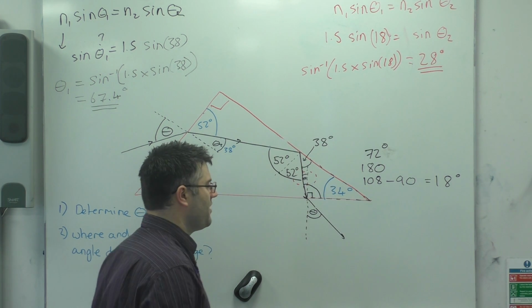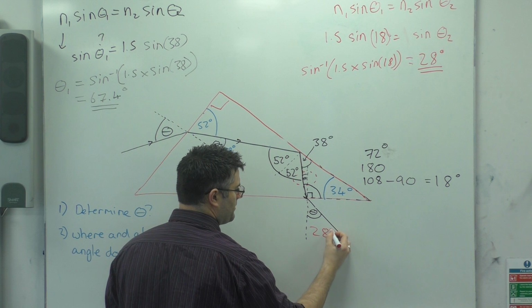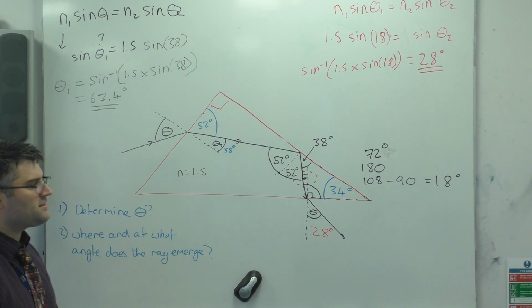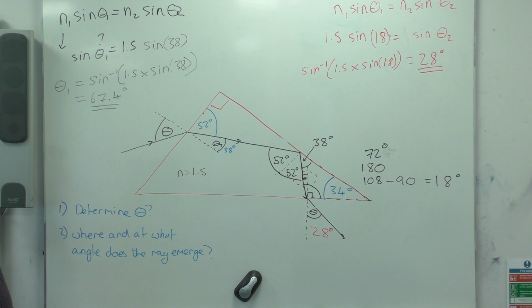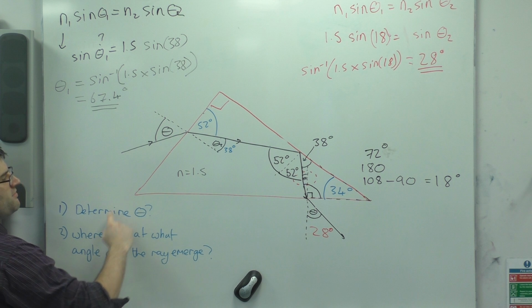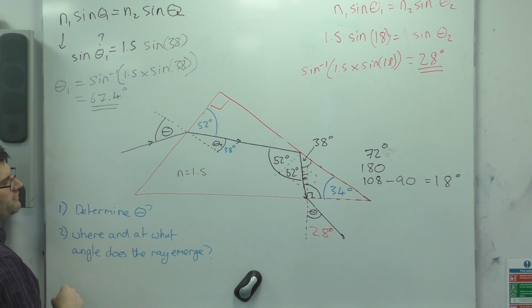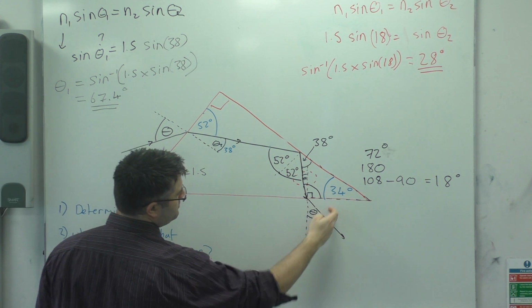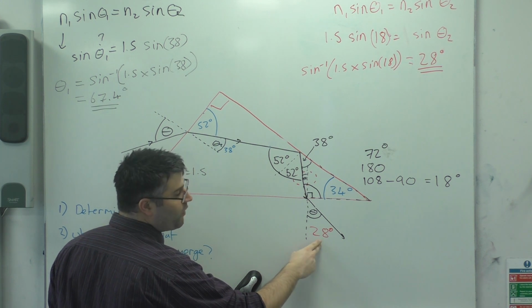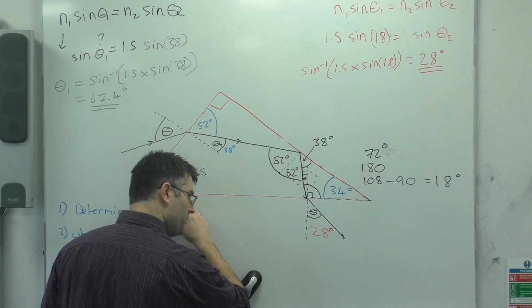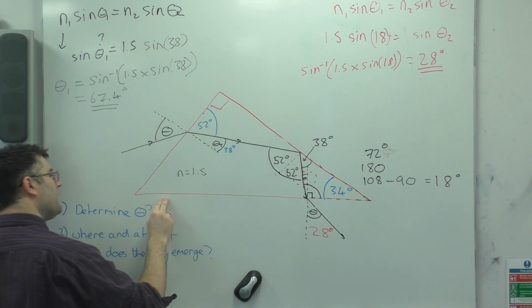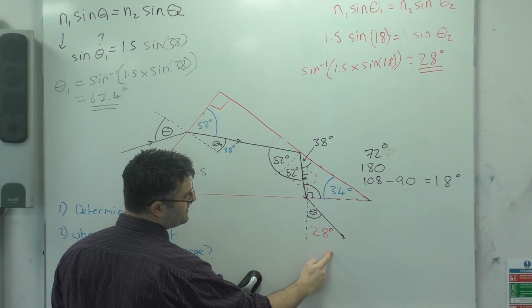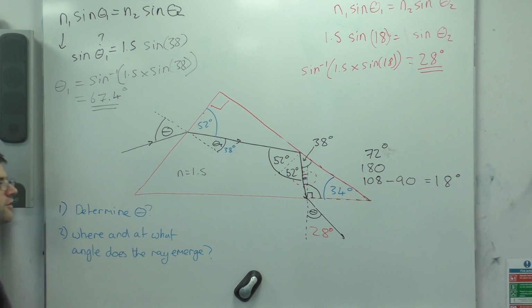So that's telling us that this angle here is 28 degrees. So in answer to this question, we've determined what the angle is and where it's being refracted from. It's emerging from the baseline of the triangle, and it is refracting at an angle of 28 degrees to the normal.